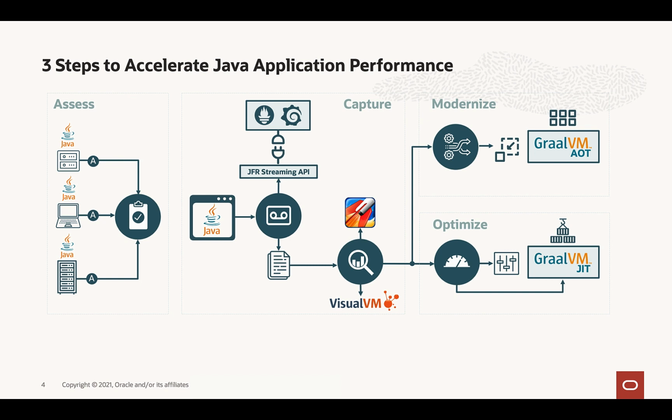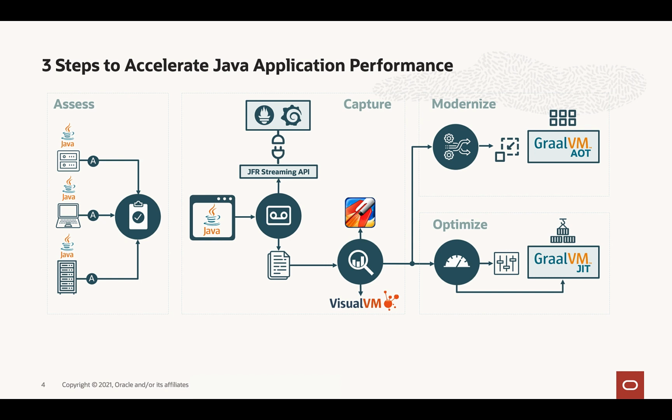In addition, today's most popular microservices frameworks like Micronaut and Spring Boot and Quarkus all depend on GraalVM to deliver fast, efficient application development and deployment models. So the optimized step is likely where you'll encounter the best opportunity to accelerate your Java application performance. And that's due to the innovative features designed into GraalVM.